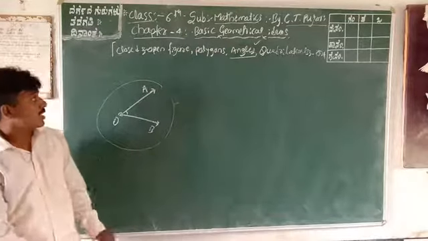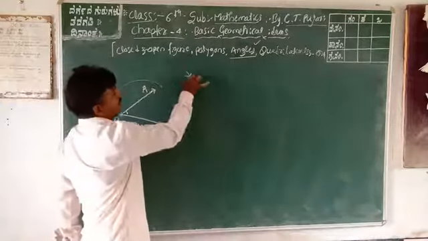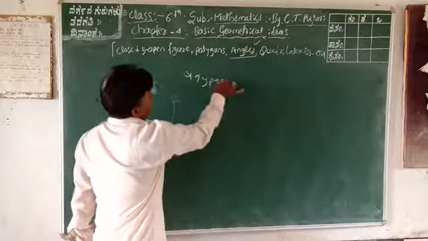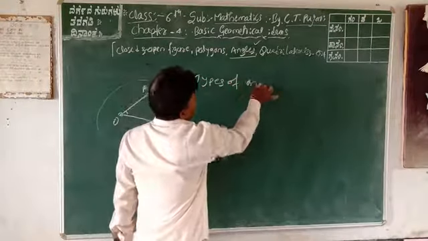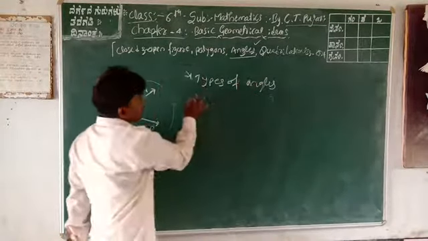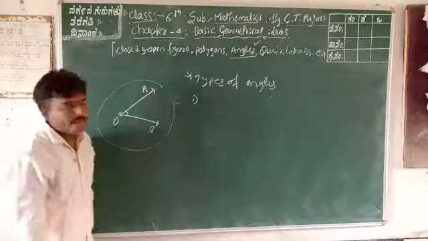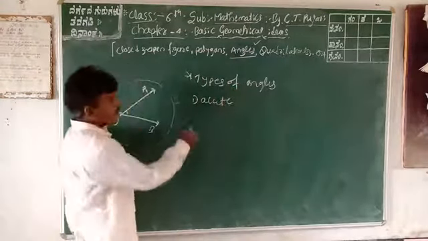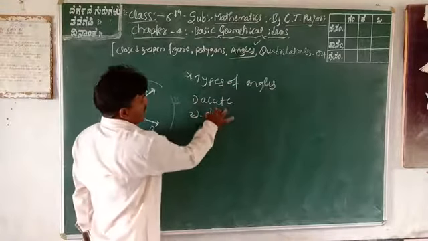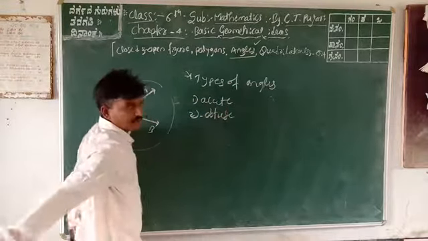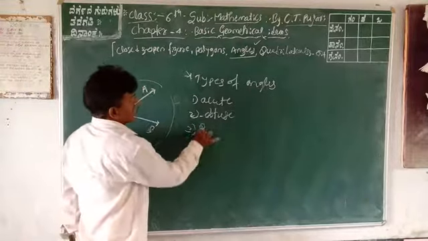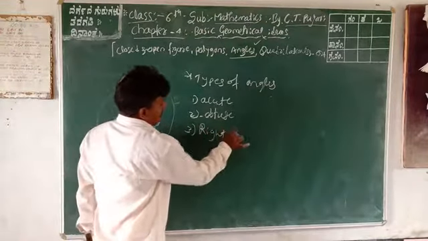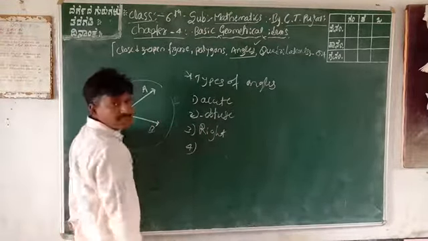And also the types of angles. What are the types of angles? First one is acute angle. Next, obtuse angle. Next, right angle.